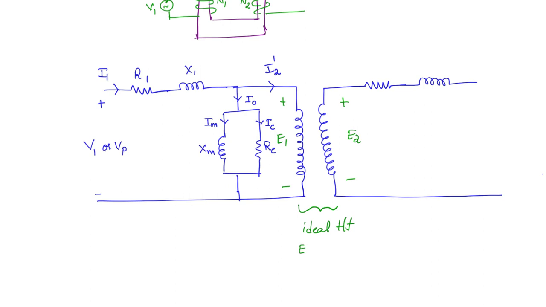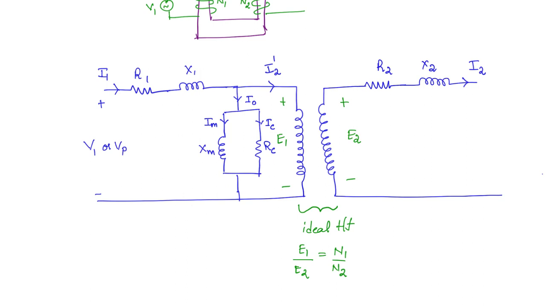So you can write E1 by E2 is equal to N1 by N2, okay, and here we have the secondary winding resistance and the leakage flux, okay. So this we will represent as R2 and this as X2, and what is the current here? This is going to be I2. Now we can write the current ratios as well.